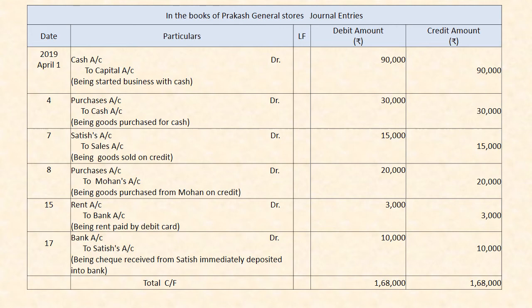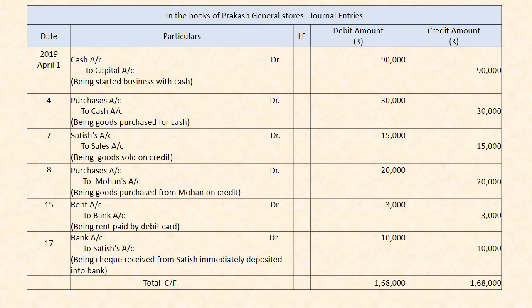Students, write apostrophe S to Satish because we want to write Satish's account. Draw a horizontal line below the narration in particular column only.